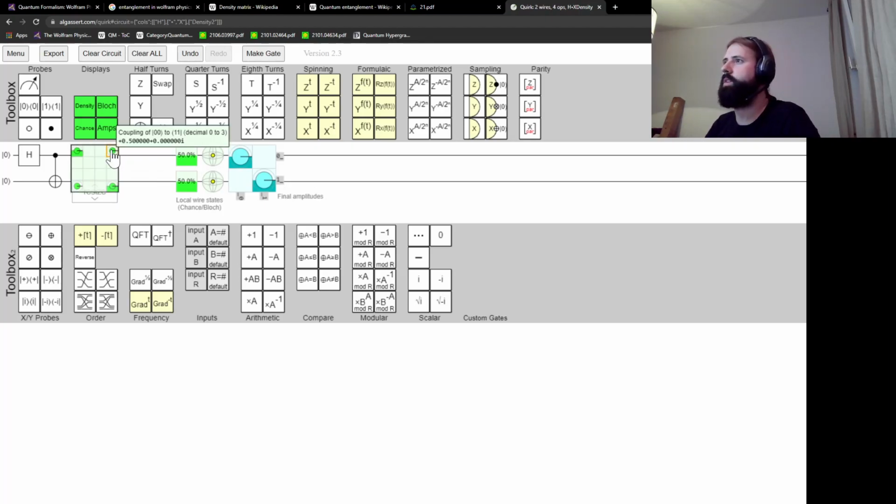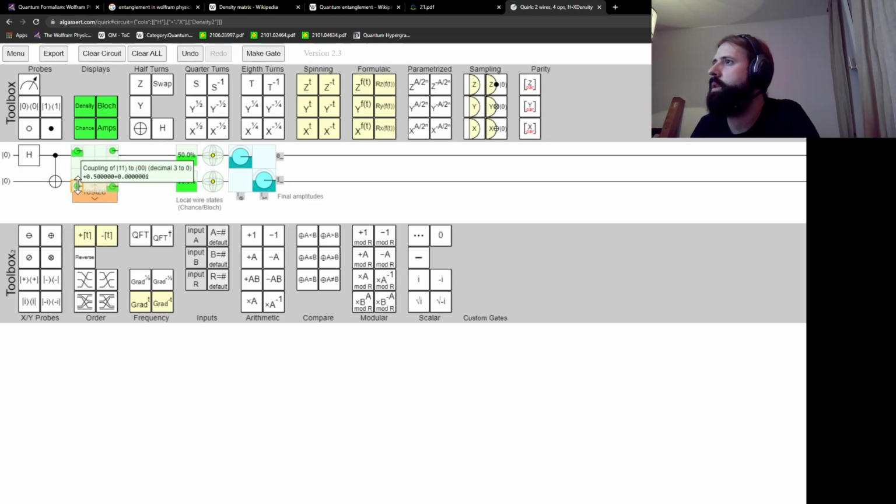What you're saying is the coupling of 0,0 to 1,1. There's a coupling between these two, right?